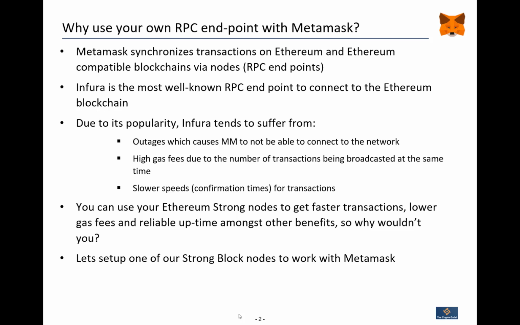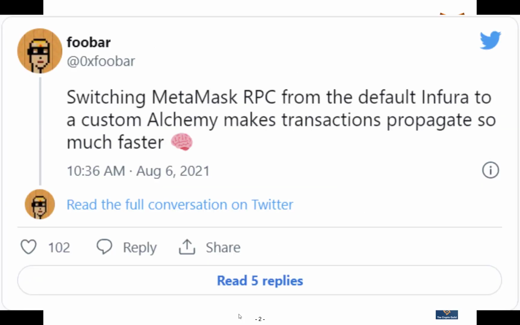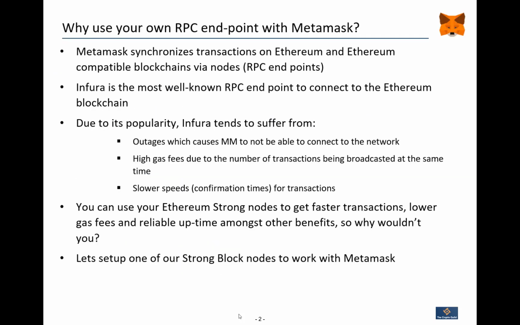So if you can use your Strongblock Ethereum nodes to get faster transactions, lower gas fees, and reliable uptime amongst other benefits, why wouldn't you do it? So let's get into showing you how to set up your Strongblock RPC nodes to work directly with MetaMask.